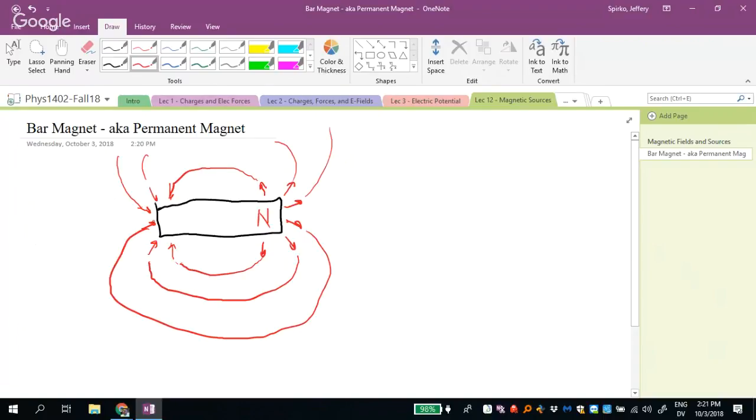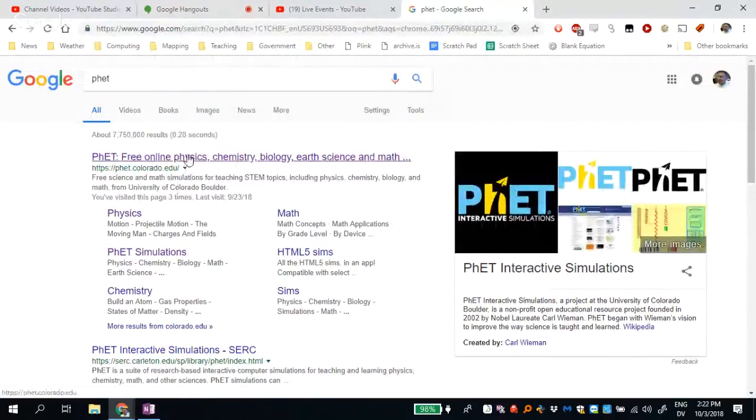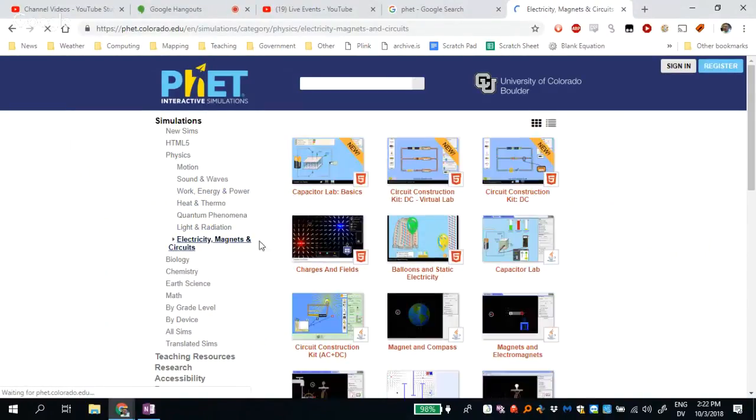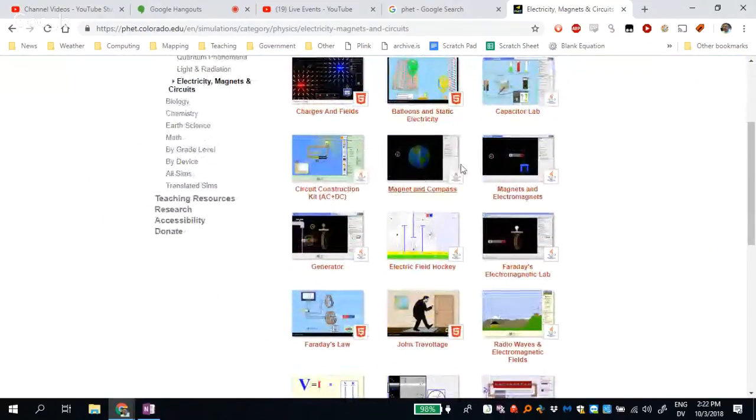There's actually a really nice PhET demonstration of magnetism. PhET physics, electricity and magnetism. They don't have the HTML5 version.